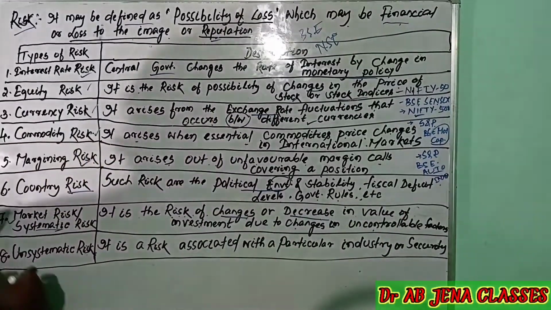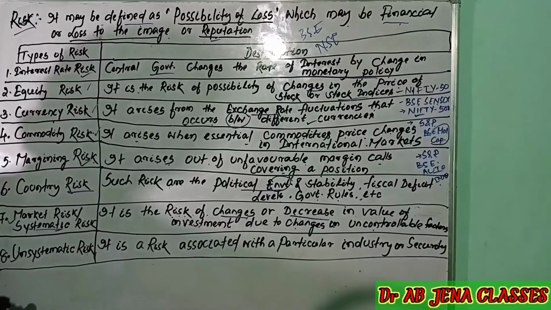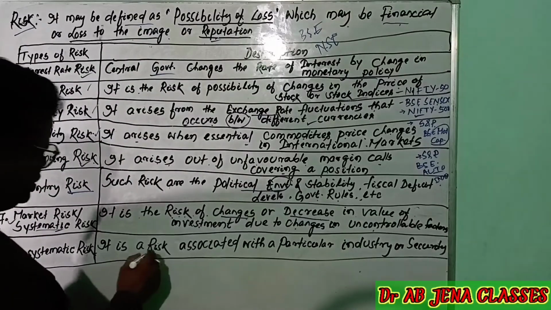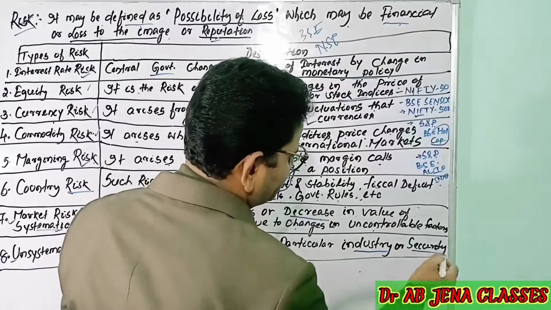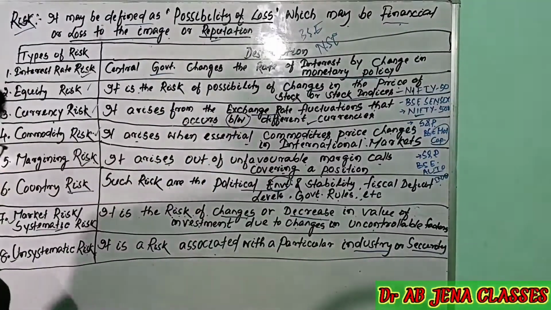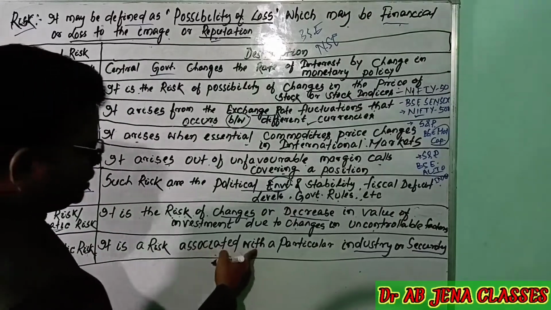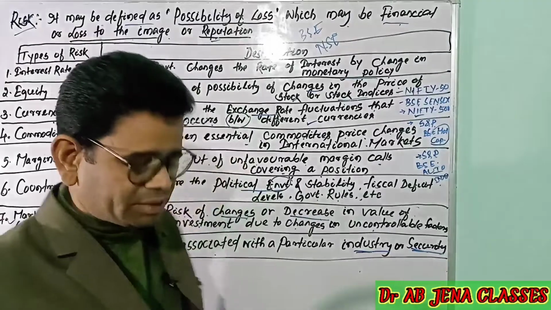The last risk is the unsystematic risk, just the opposite of systematic risk. It is a risk associated with a particular industry or particular security.